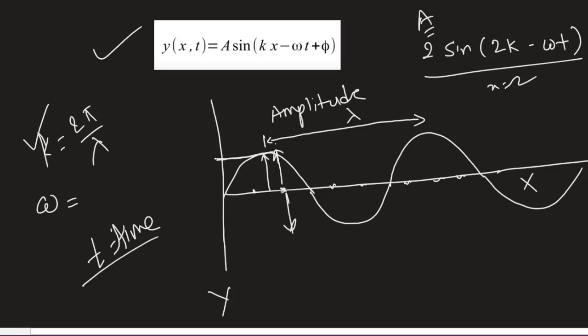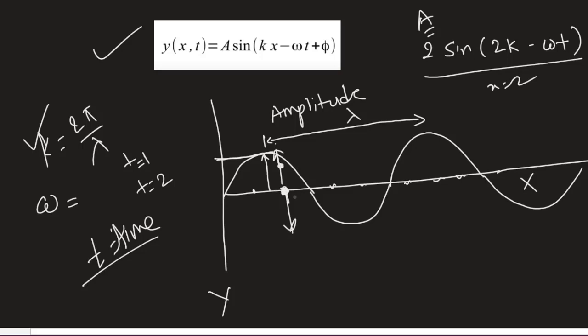And that's why for any particle, if you know the x position, you can't determine the y position, because it depends upon the time. The same particle at different times can take different positions along the y-axis. Let us say at t equal to 1, the particle is right over here. After 2 seconds, let us say it is over here.